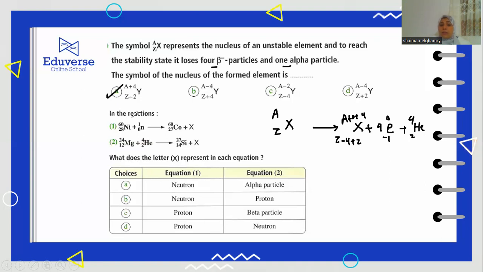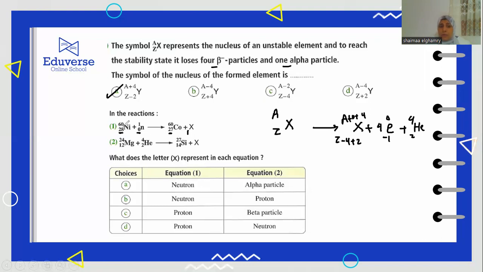The second question, in the reactions, here nickel 28, 60 plus neutron give us cobalt and X. We don't know what is X. So from the equation, I'm going to look at the atomic numbers. Here 28, here 0, and here we have 27. So the atomic number here should be 1, okay?